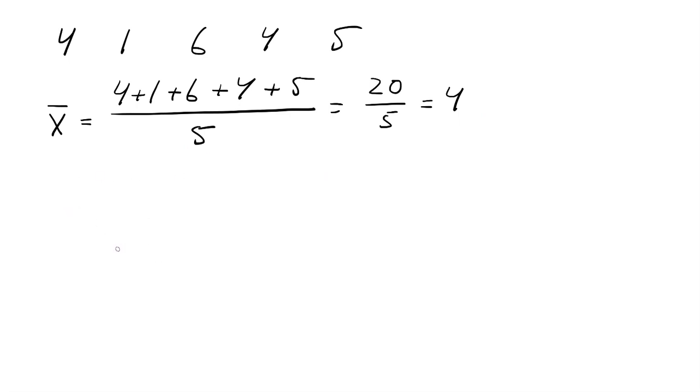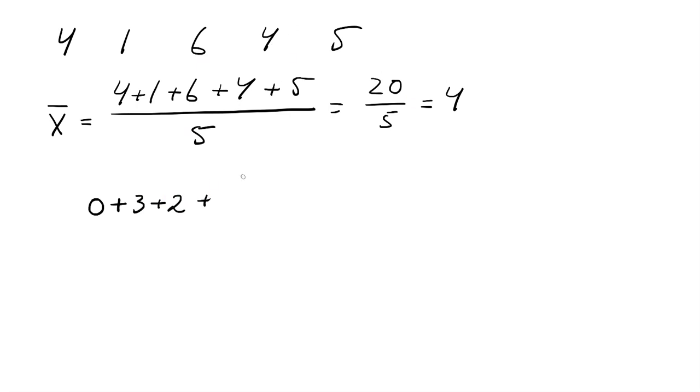And then to calculate the mean absolute deviation, we just have to calculate the distance from each of these 5 data from the middle, 4. The first one, how far away from 4 is it? Yeah, 0. 1 is 3 away. 6 is 2 away.